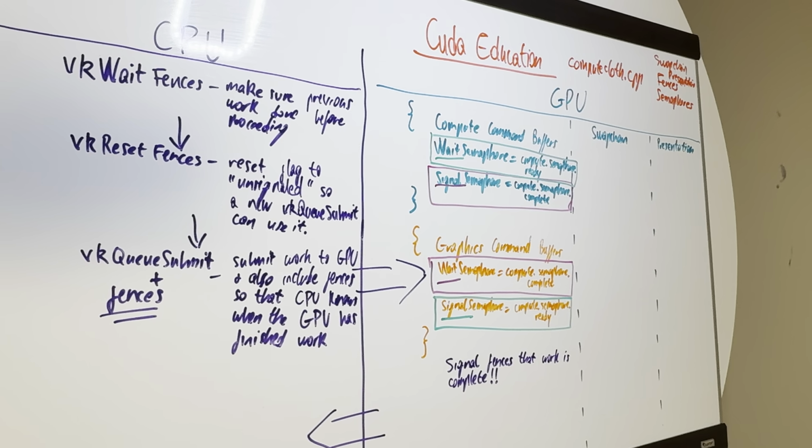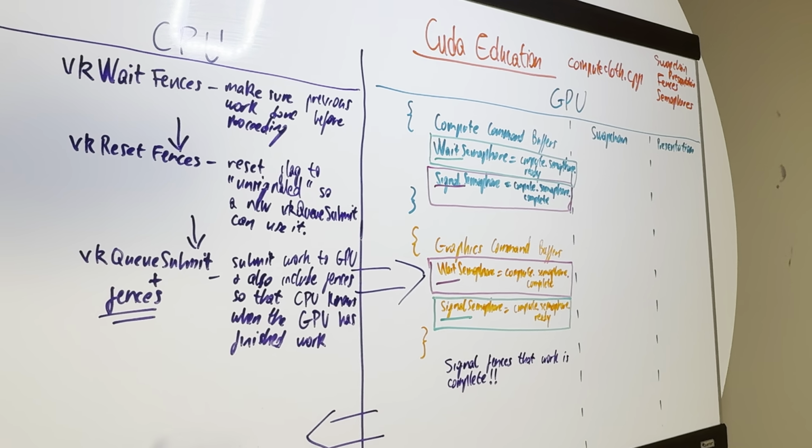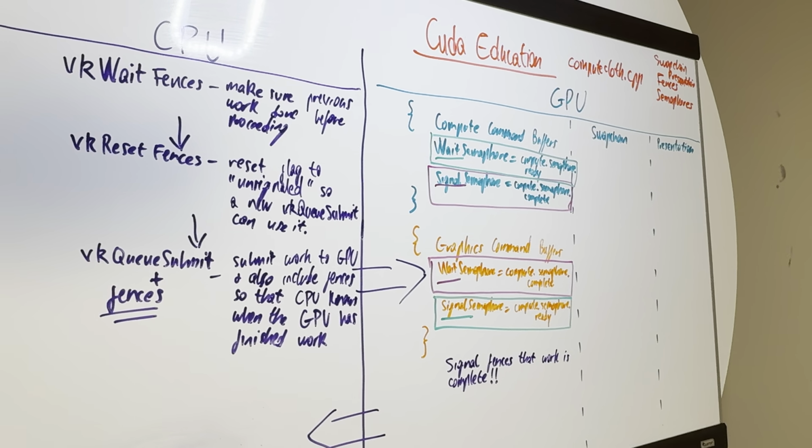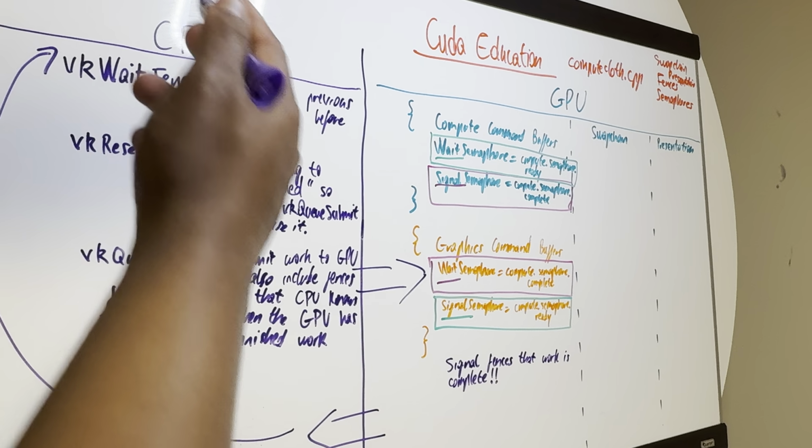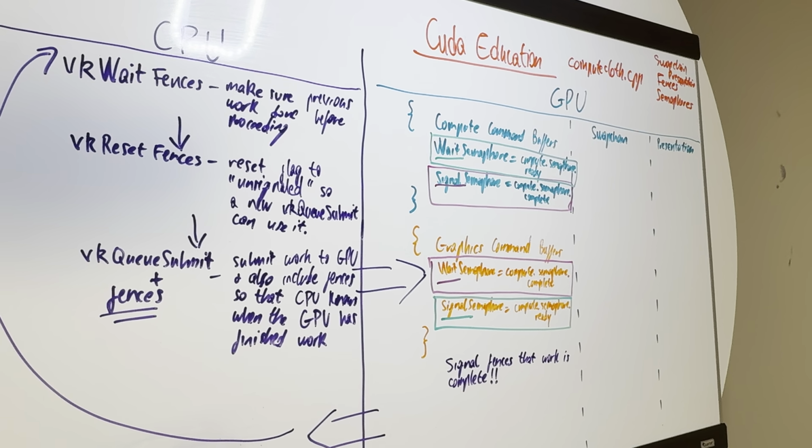I don't know if you can see it here, but basically we repeat. We start back over. So once we do this, we start back over here, right? We do all the stuff and we start back there. So that's that process, right?